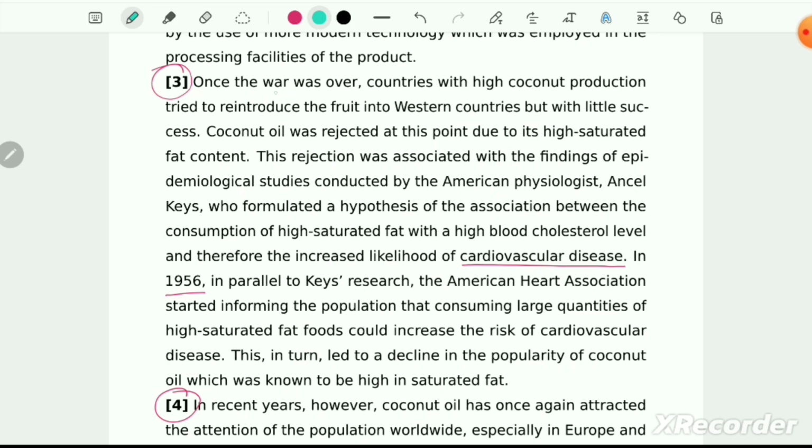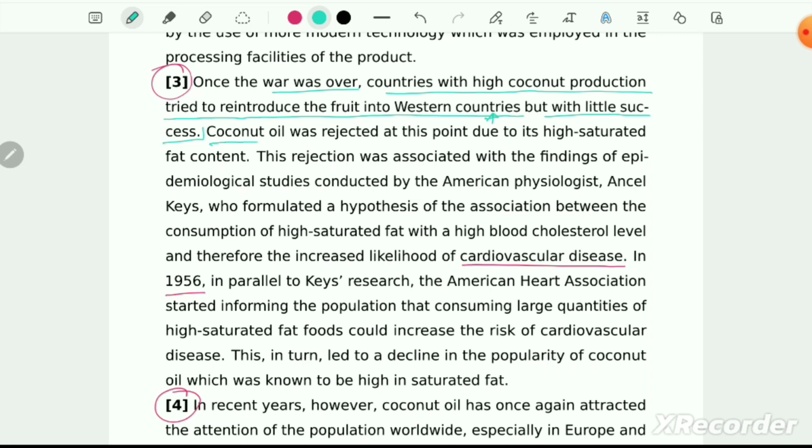Once the war was over, countries with high coconut production tried to introduce the fruit into Western countries, but with little success. Okay, after World War II, the Southeast Asian countries tried again to introduce the coconut fruit into Western countries, but they couldn't succeed because there was already a rival edible oil, soybean oil, introduced.